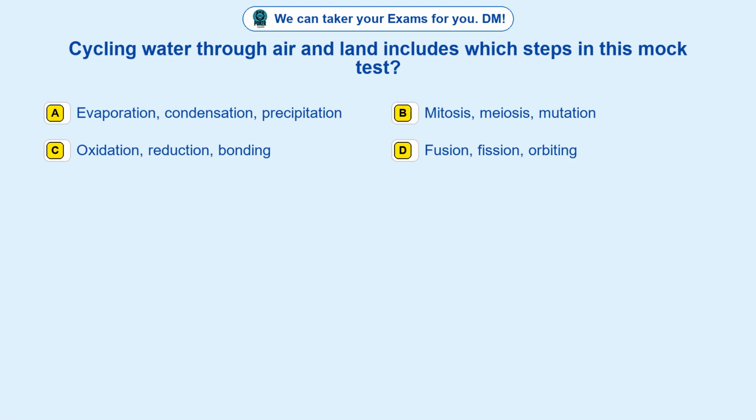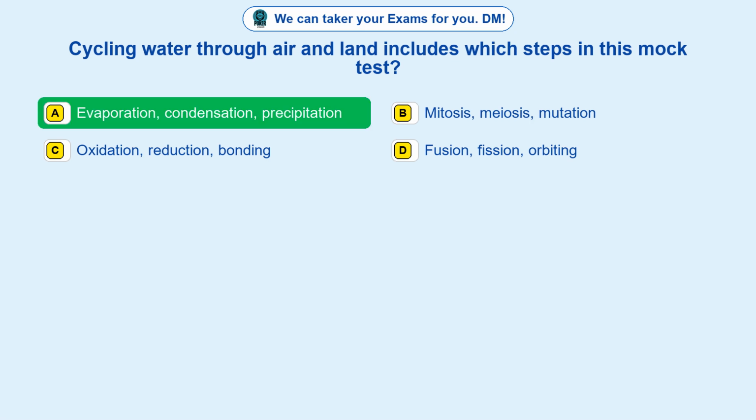Question 87. Cycling water through air and land includes which steps in this mock test? Option A, evaporation, condensation, precipitation. Option B, mitosis, meiosis, mutation. Option C, oxidation, reduction, bonding. Option D, fusion, fission, orbiting.